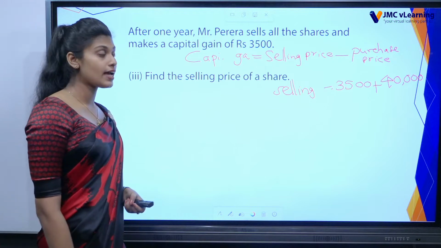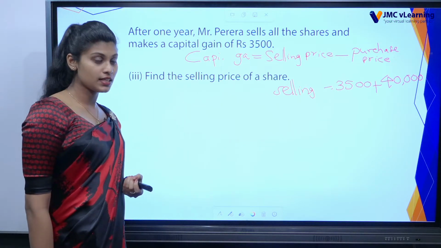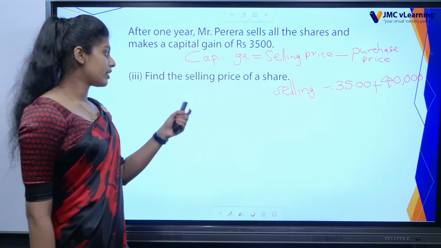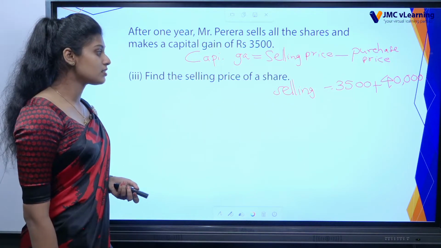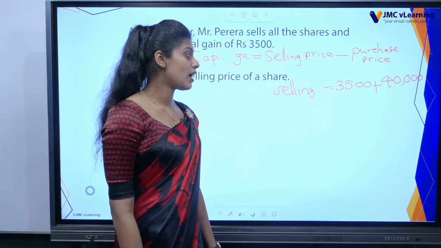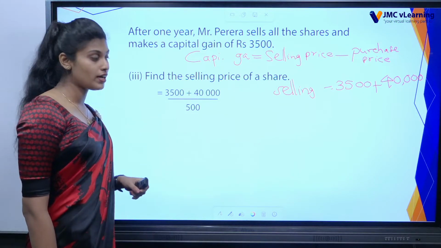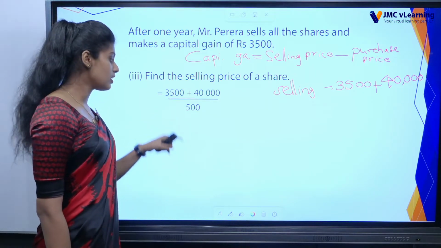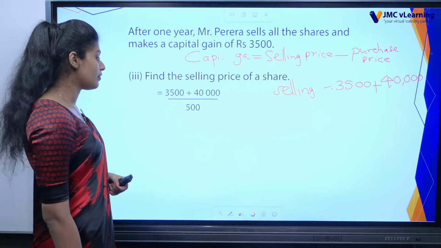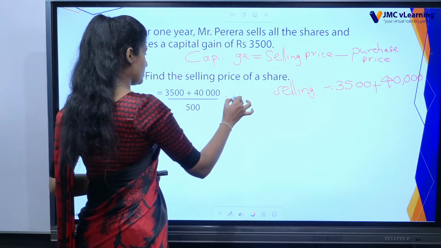How many shares has he bought? There are 500 shares. So to find the selling price of one share, you have to divide this value by 500. Then 3,500 and 40,000, divided by 500.